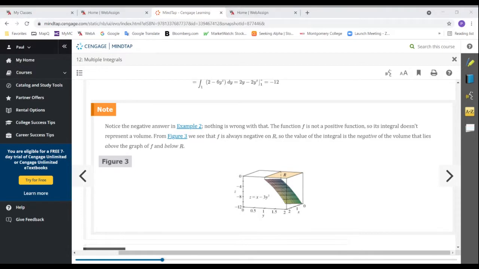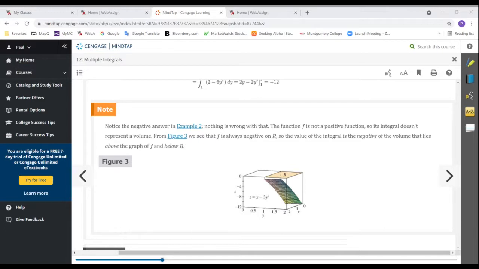Is the surface above the xy plane or below the xy plane? It's below. Good. Well, if the surface is below the xy plane, what's that going to tell you about the volume?